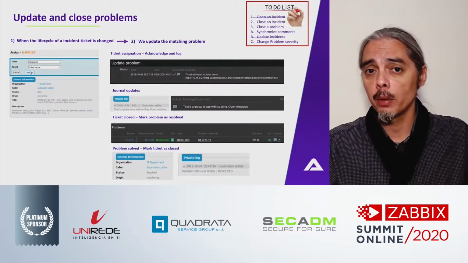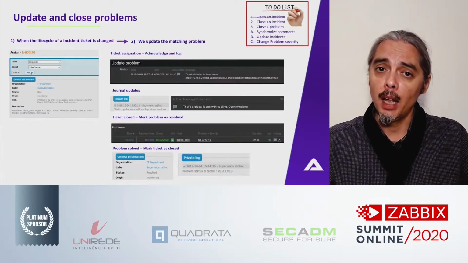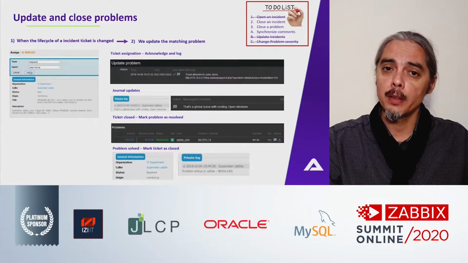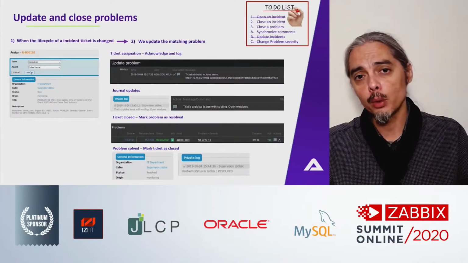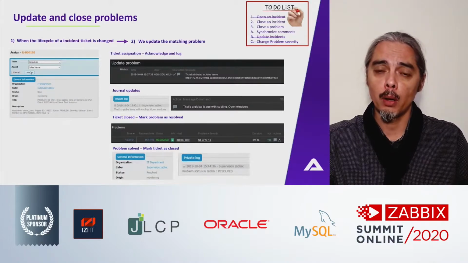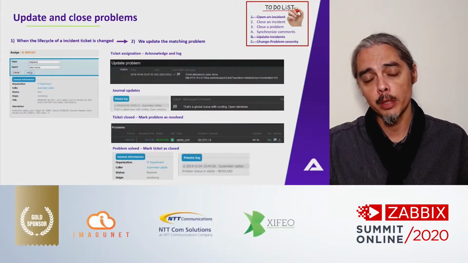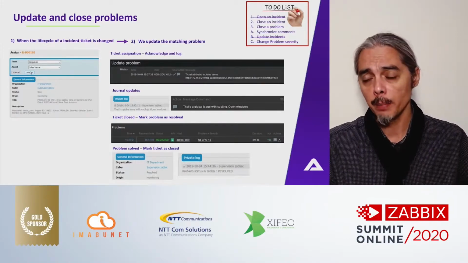Then we have to manage updates of incidents. The way to update is every time there's a change in Zabbix, we are going to push that into iTOP, as someone acknowledges, or there are new automatic actions which have comments. We're going to add that to the incident ticket, as you can see.